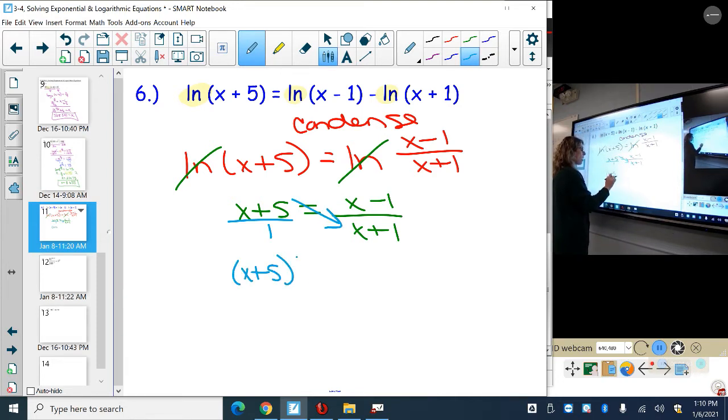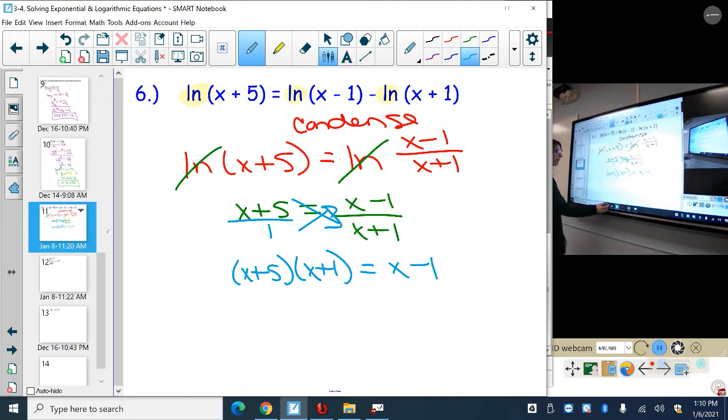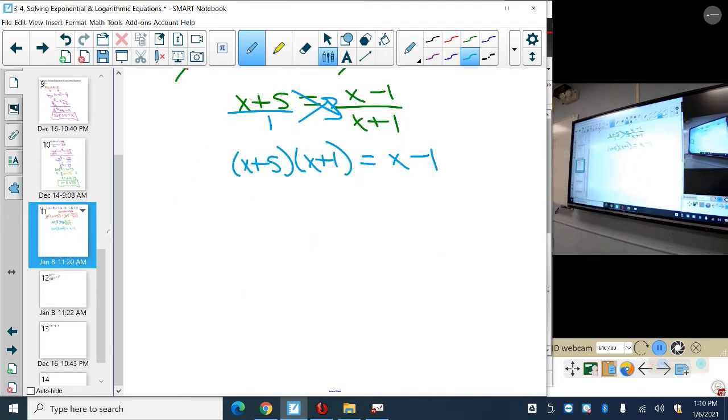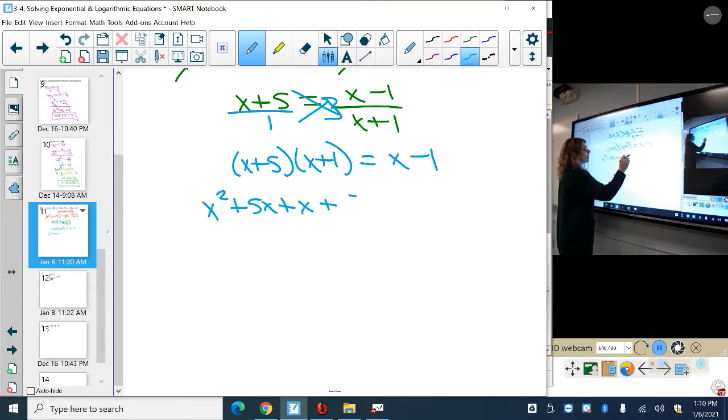X plus 5 times x plus 1 is equal to x minus 1.